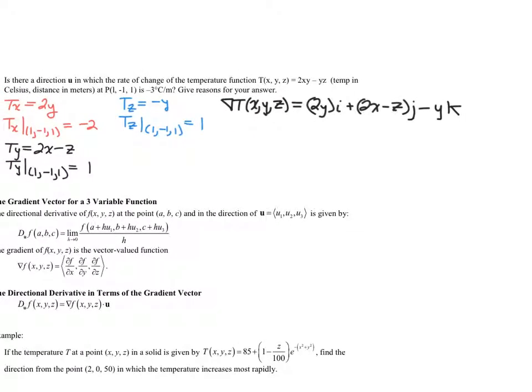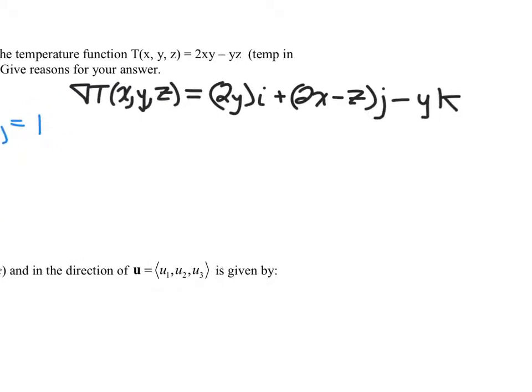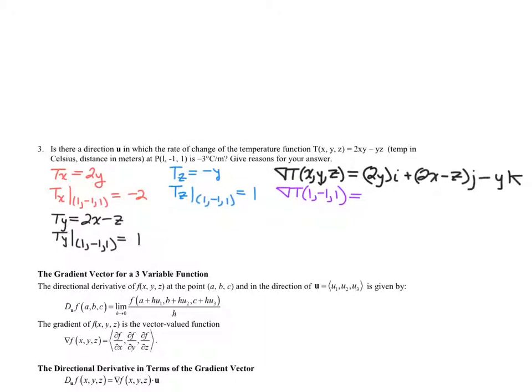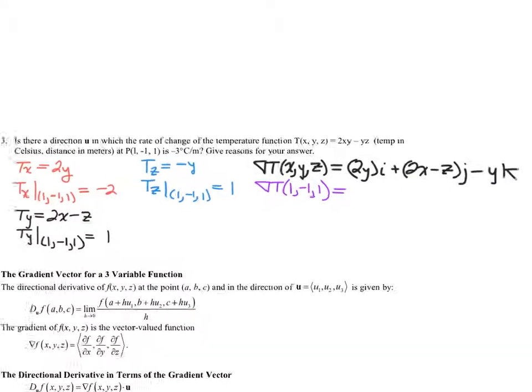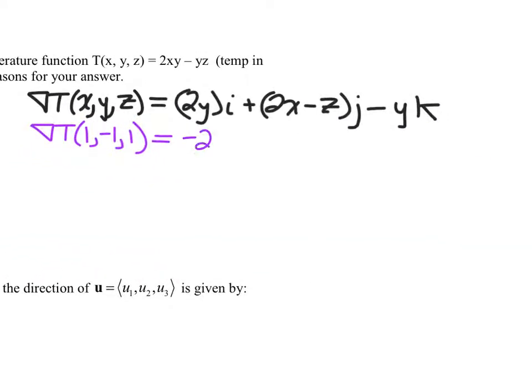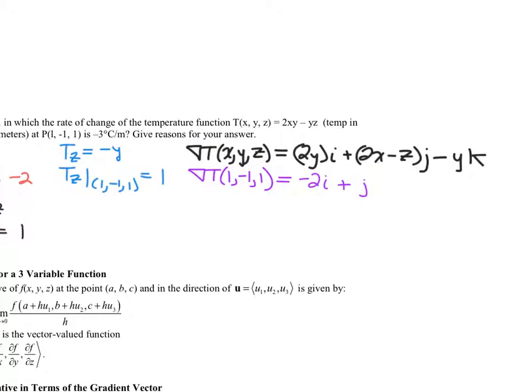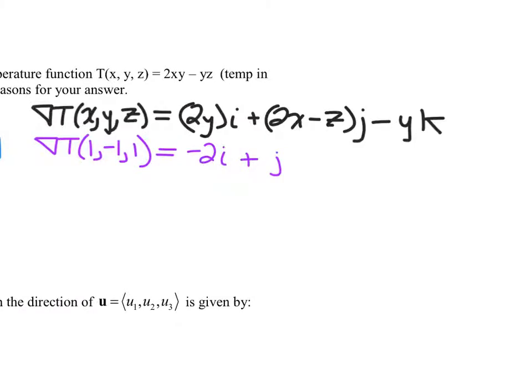Now the magnitude of this could be complicated if I were to actually do it in algebraic form, but since I have it at a particular coordinate, I can figure out the gradient at that location. And we've already figured out these numbers: -2, 1, 1. So plus k.